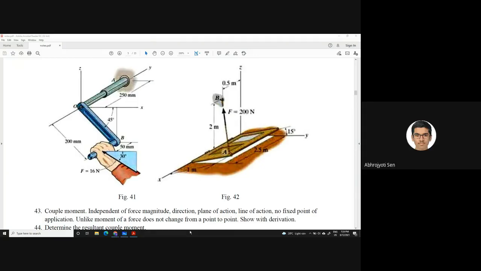So that is the point of application of force. Yes, that of the point of application of the force.